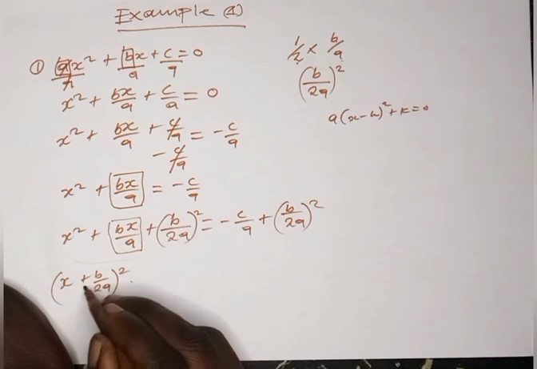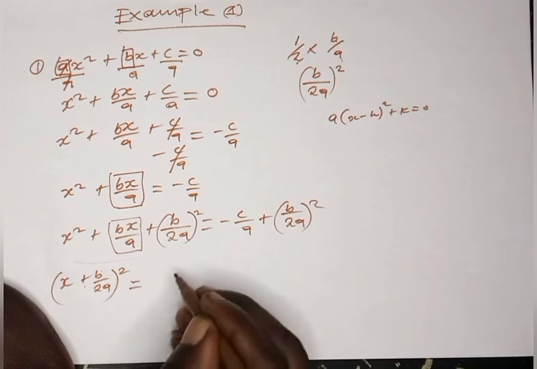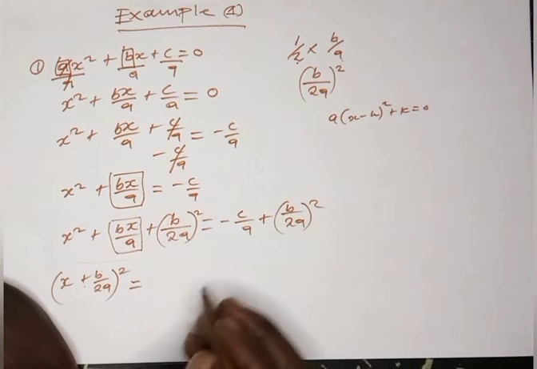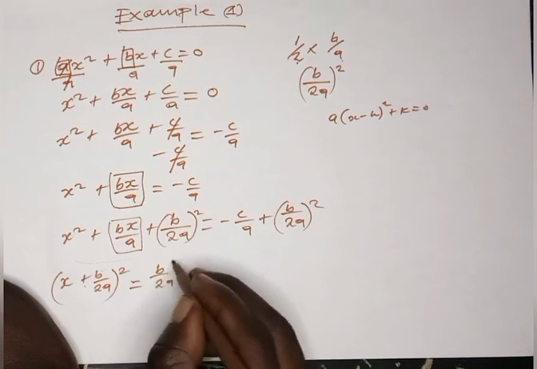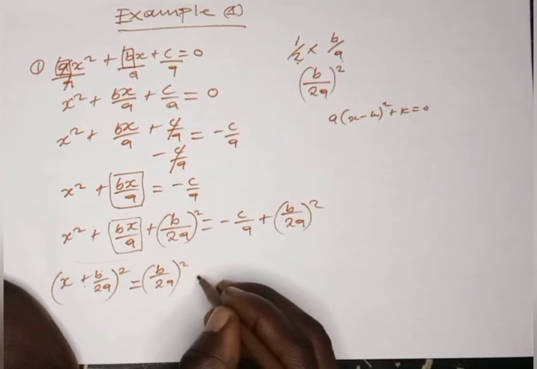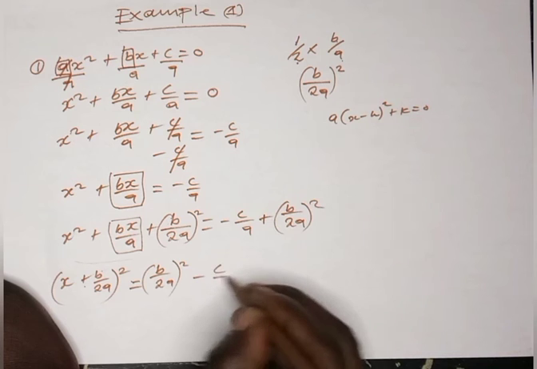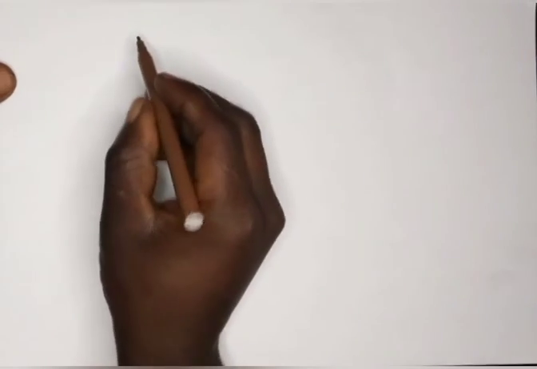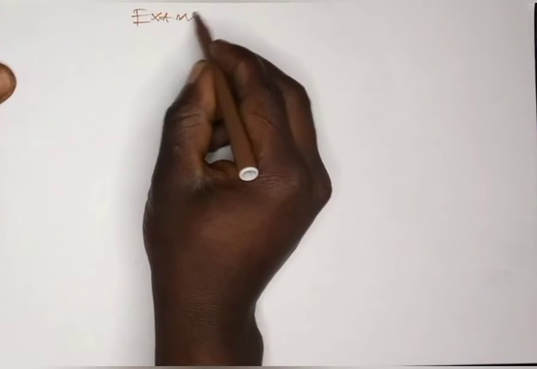So x plus b over 2a squared is equal to, starting with a positive one, b over 2a squared minus c over a. So this is the formula we are going to use when finding the solution.